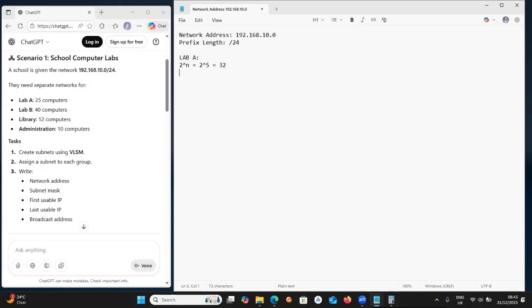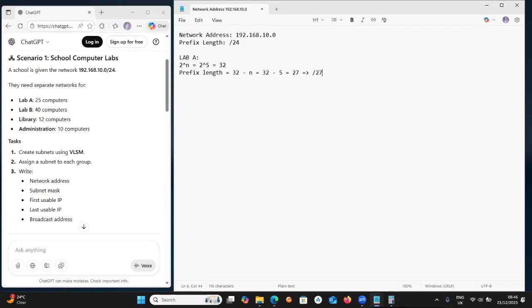The prefix length for that particular network is going to be 32 minus n, and in this case we have 32 minus 5, and that is 27. So it's going to give us the prefix length /27.